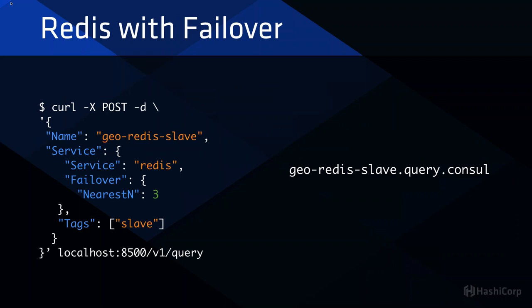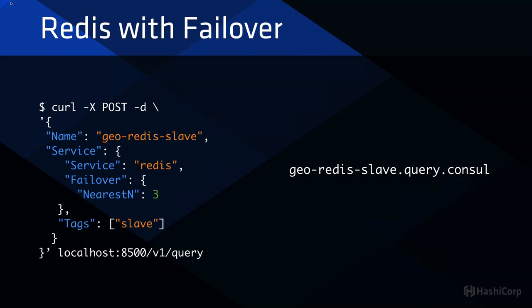Here is an example of a really basic Redis with failover query. We've registered a new name called GeoRedis slave. It maps to a service name of Redis, and we have a failover section that says nearest N3. We'll talk a little more in a sec about how that works.